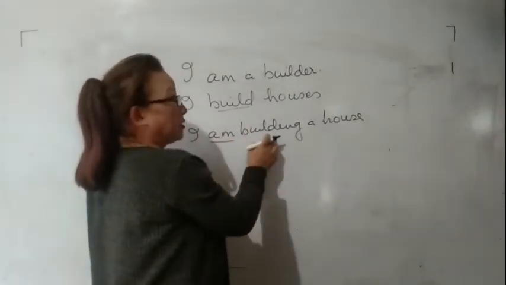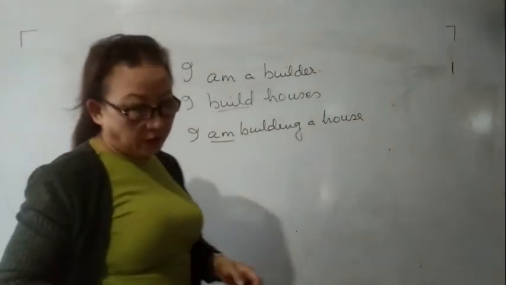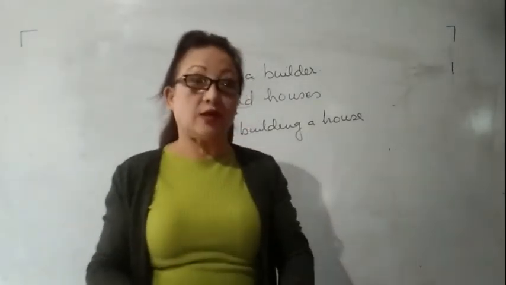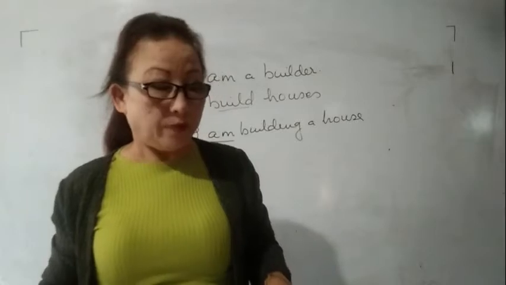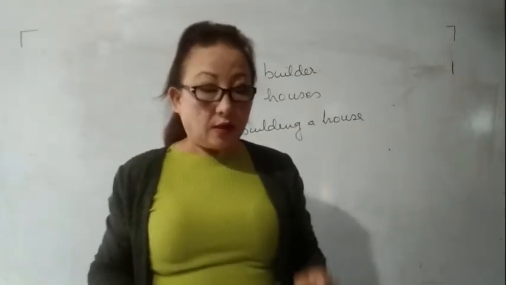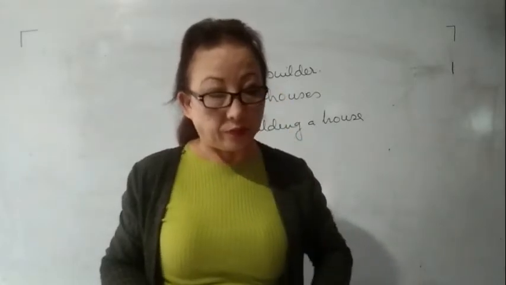This is present continuous tense, which is going on now, which is being performed now. I think that is clear. That is the difference between present indefinite tense and present continuous tense.